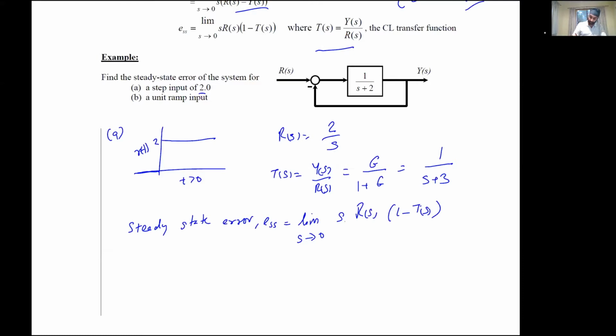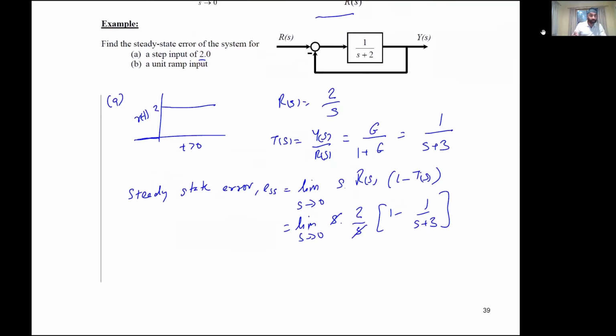This ends up being limit s tending towards 0, s times 2 over s, which is the Laplace transform of R(s), times 1 minus 1 over s plus 3. So you can see that the s in the numerator cancels with the s in the denominator.